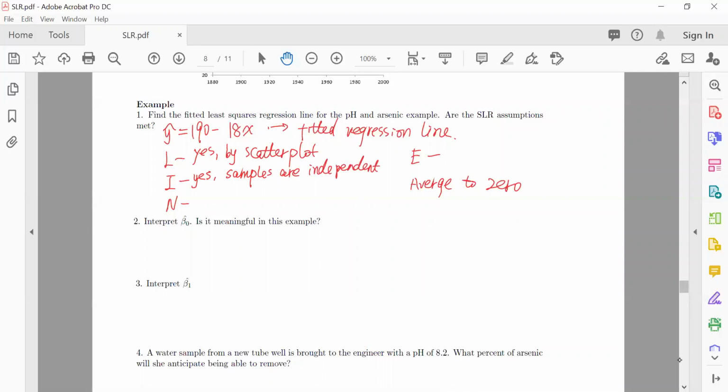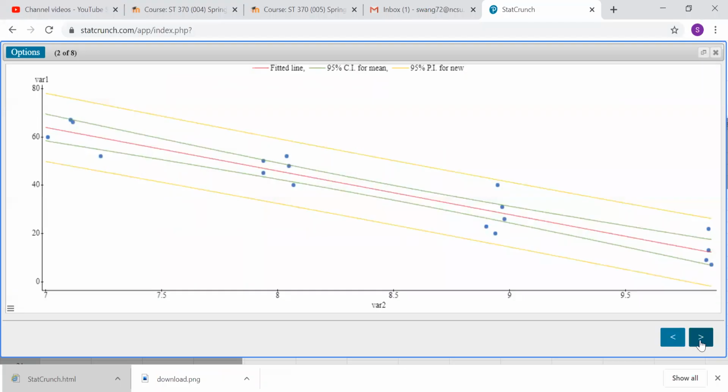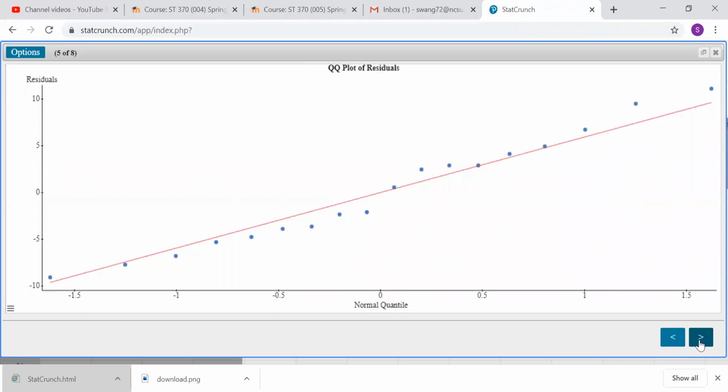The third assumption, normality, whether the residuals are normal. This should be checked by the QQ plot, right? So let's go back to the StatCrunch output. Here is the QQ plot. The x-axis is the normal quantiles. The y-axis is the observed residual quantiles. You could see it's kind of okay, right?